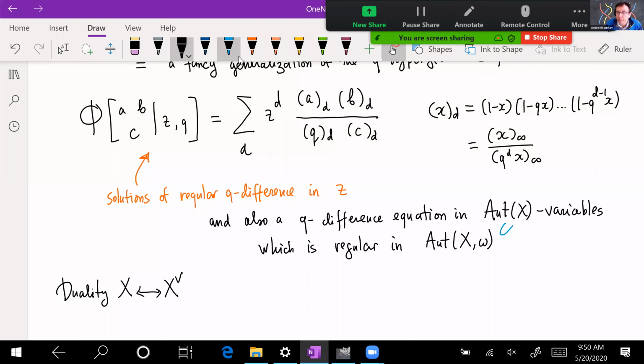In compact geometry, I said the actual indices have to be equal, but in a non-compact geometry they're not equal. But they exchange their solution of the same difference equation. So this exchanges these variables and these variables.